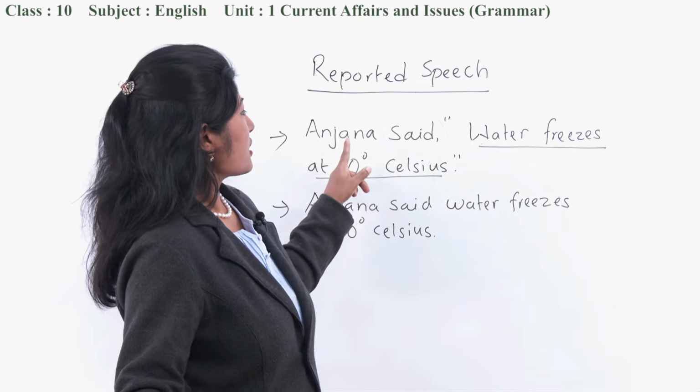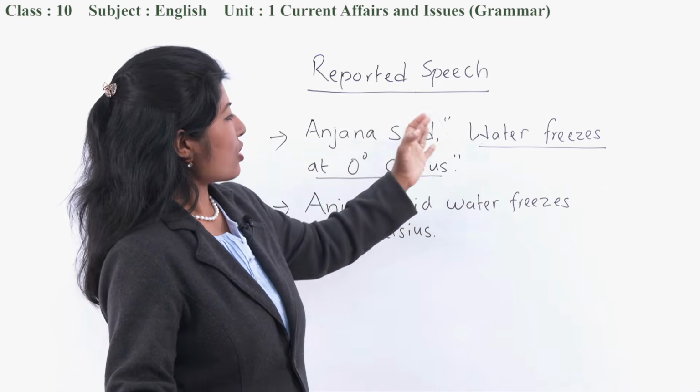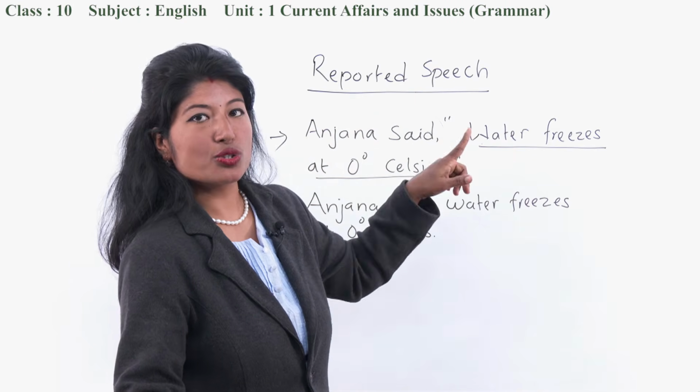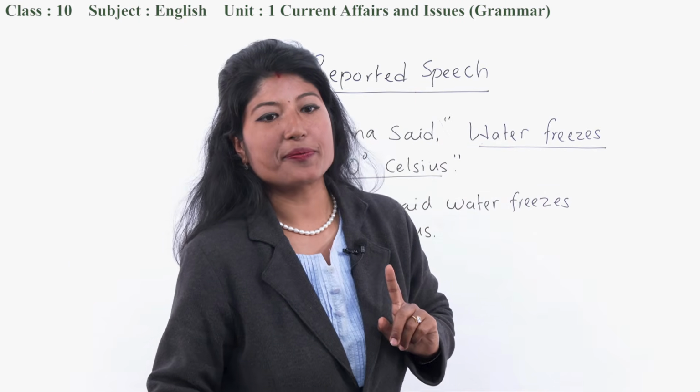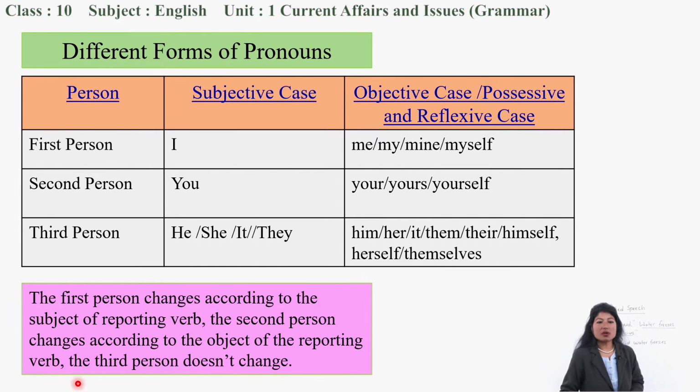So if it is Anjana said to Sanjana, let's say, then the second person 'you' is changed according to Sanjana, the object of the reporting verb. The third person does not change.